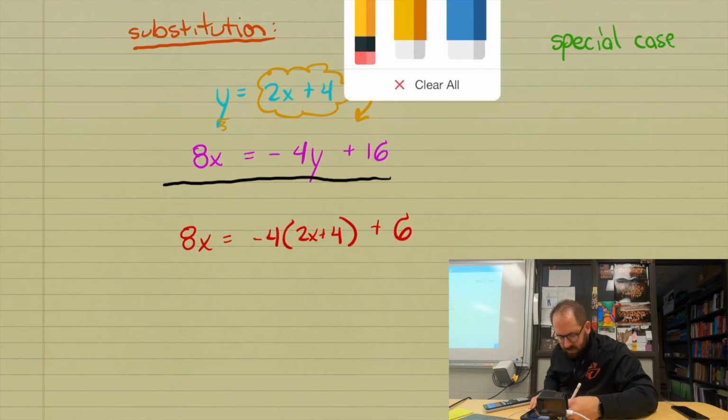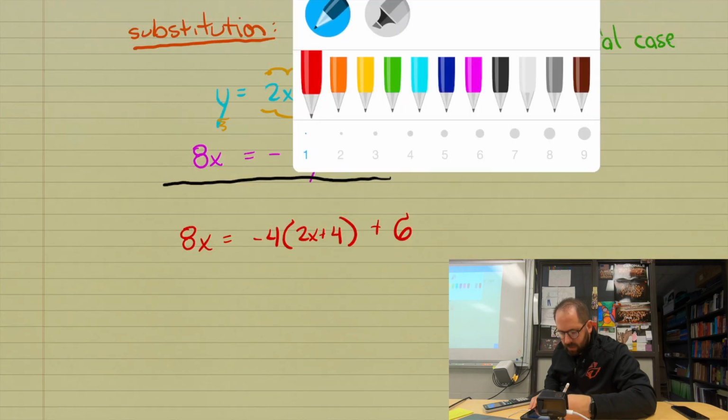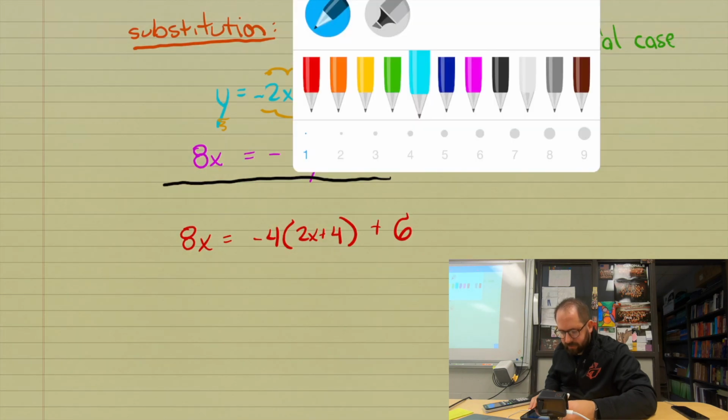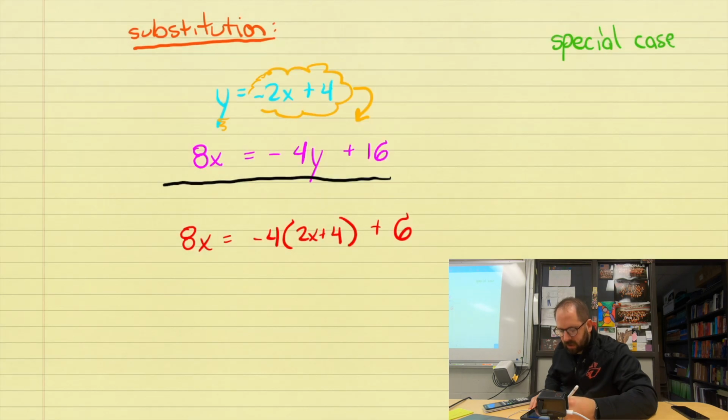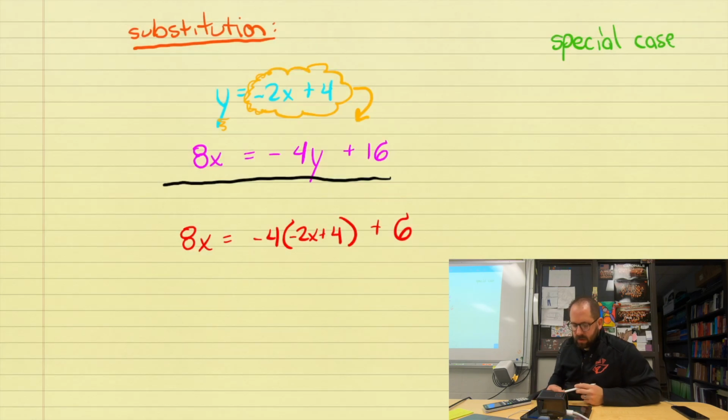Okay, so let's make a quick fix here. We're going to make that 2 a negative 2. That's all I need to make sure of. Apologies. So let's make that a negative 2. So when I substitute it in, I'm plugging in a negative 2x.